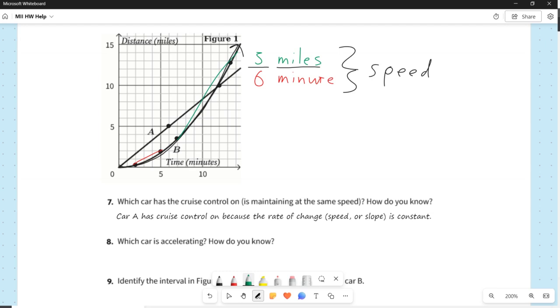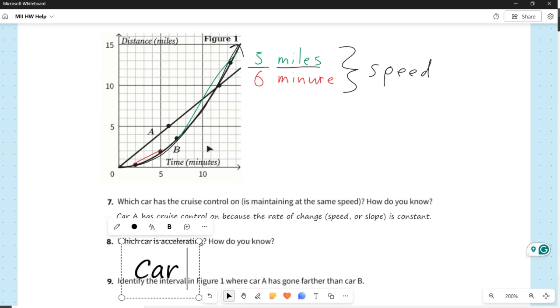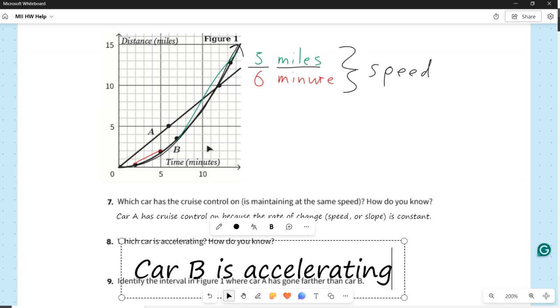So what's happening here is, we'll just go ahead and write it out. So car B is accelerating.